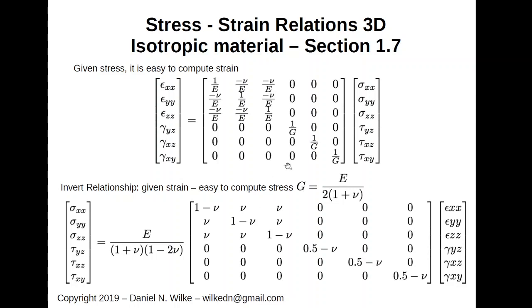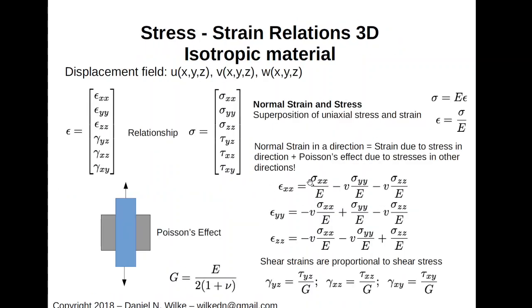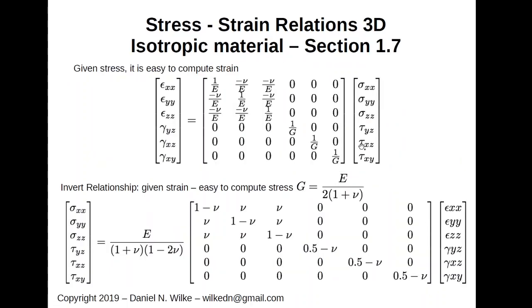Okay. So if I go and I take these equations that I've got and I just pull out the sigma xx, sigma yy, sigma zz, and I write it in the matrix vector form, I end up with this relationship. And this is not always convenient, as you see now, because typically what we started off with, we had now the displacement field, we were differentiating that, we got to the strains, and now we want to be able to get to the stresses.